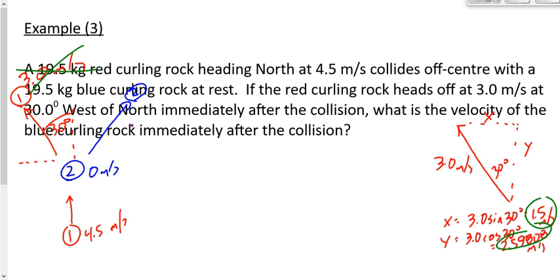Okay, so let's go X and Y components like we do. Don't try to make this just a simple PI equals PF question. It's not that. You have to make it X and Y, PI equals PF. The initial momentum X component is 0 because it's all on the Y-axis. Masses cancel.